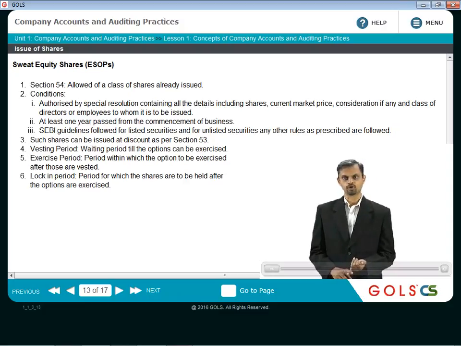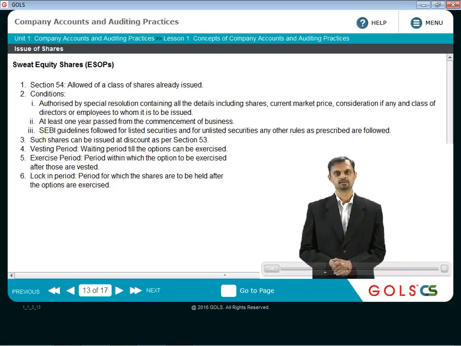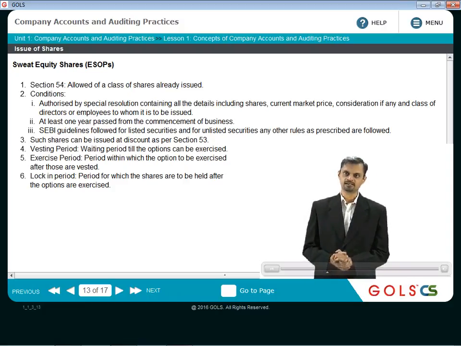SEBI guidelines are followed for listed securities, and for unlisted securities any other rules as prescribed are followed. Such shares can be issued at a discount as per section 53. You remember in section 53, on issue of shares at a discount, we discussed that issue of shares cannot be at a discount except in the case of sweat equity shares. So that is why such sweat equity shares can be issued at a discount.